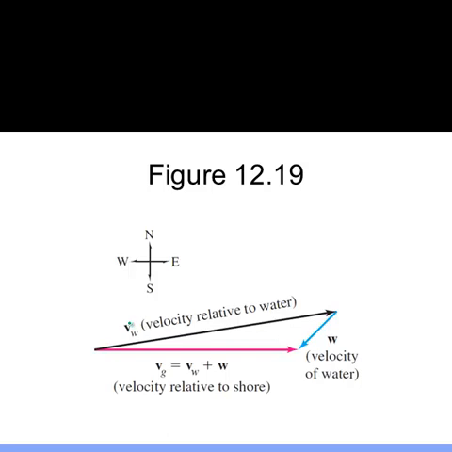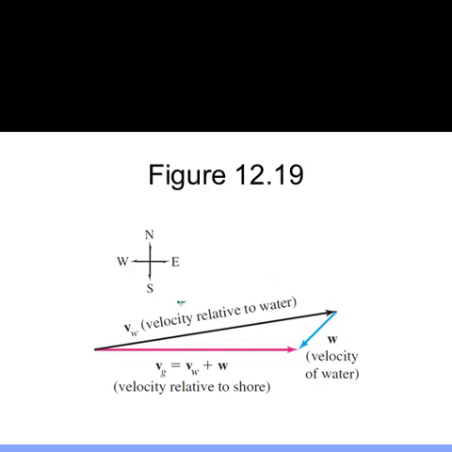Now let vector V_W be the velocity relative to water. We're going to focus on a boat going down the river, but not necessarily downstream. So V_W is the velocity of the boat relative to the water. Now vector W is going to be the velocity of the water.